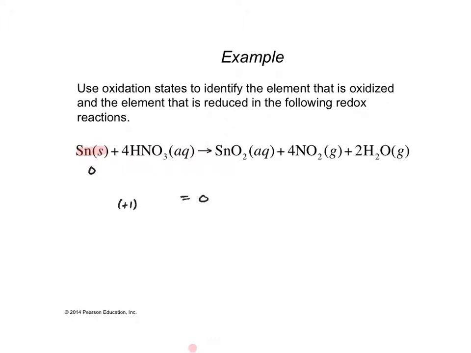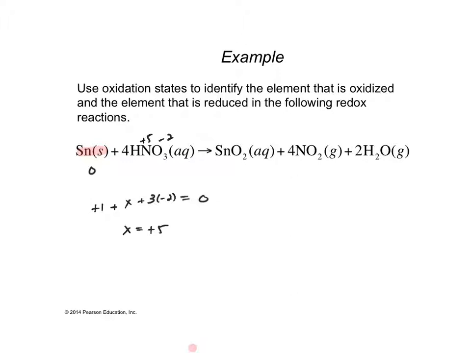So nitrogen is going to take on whatever oxidation state it needs to satisfy this equation. So we have 3 times -2 plus this unknown nitrogen plus a +1. So X ends up being a +5 overall.